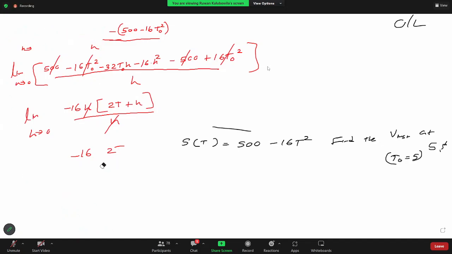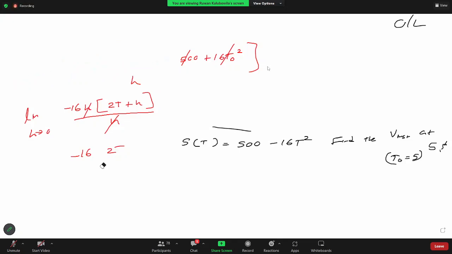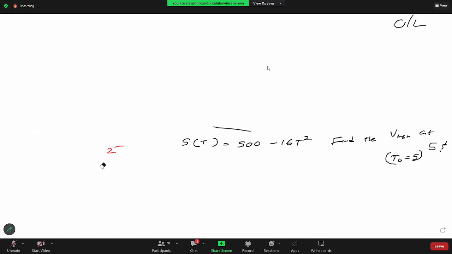Same question, but the problem is now like this. Find the instantaneous velocity at any point. That means you should give me an equation. Can you do that?